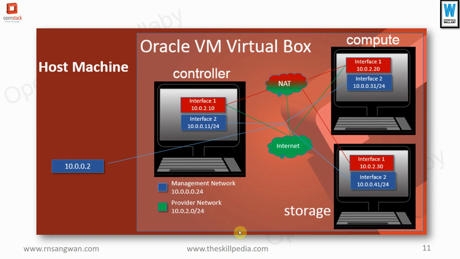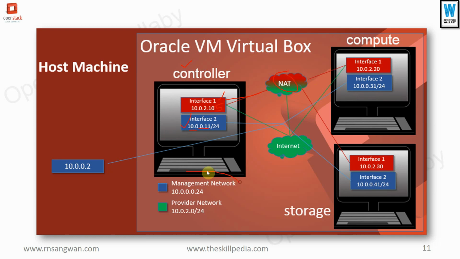What we have, our environment is this. In my case, the controller which I am installing right now have this interface 1, which is 10.0.2.15, to be precise, not 10.0.2.10, it is 2.15, and this is what I configured manually, 10.0.0.11, and then this is connected to NAT, network address translation, to connect these machines to the internet.